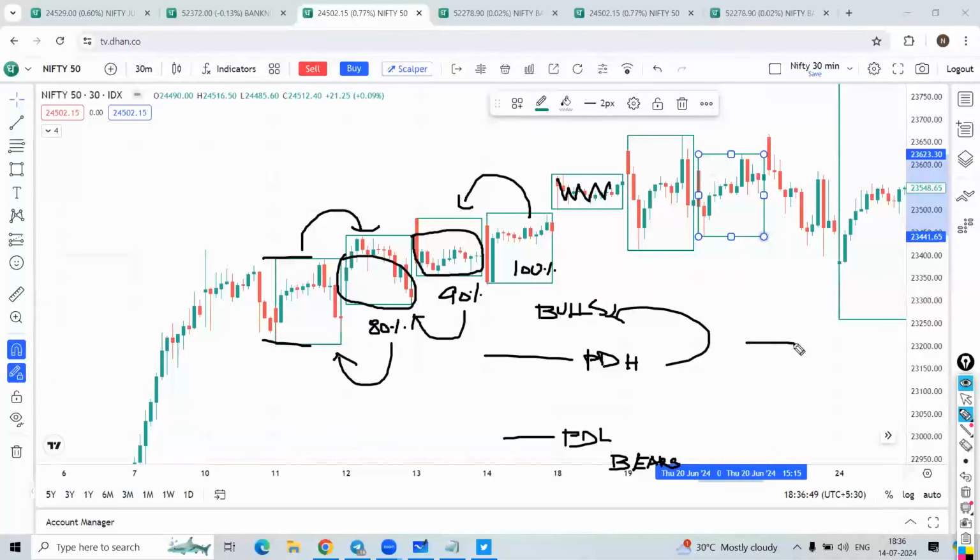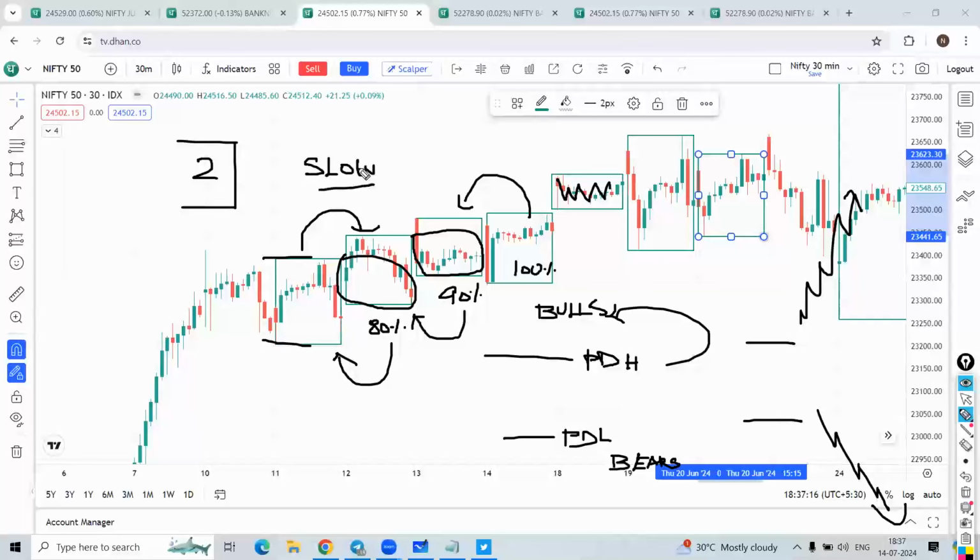That means price is not ready to expand outside the previous day's range consistently. Minimum 2 days. It's not able to expand outside previous day's range consistently for minimum 2 trading sessions. Struggle. So it is a slow market.